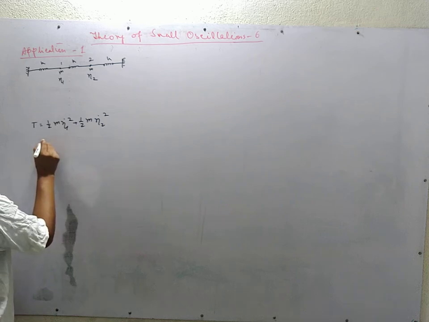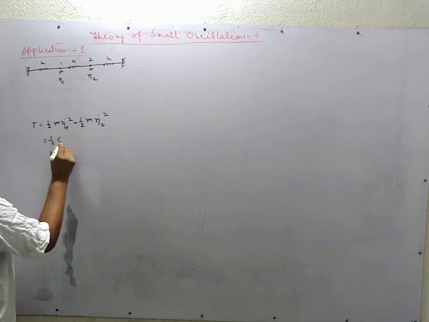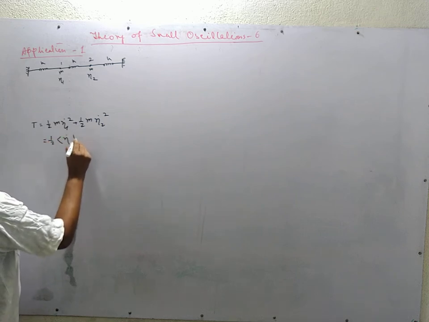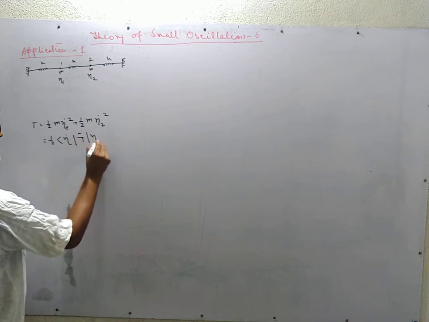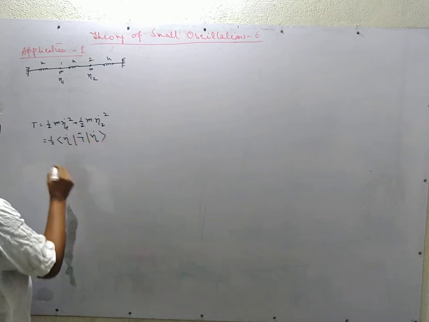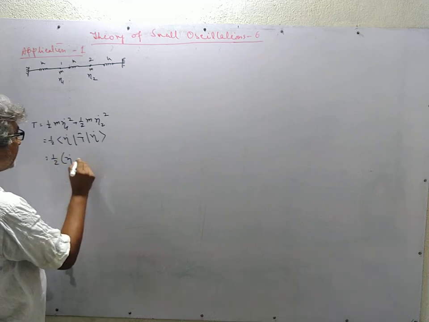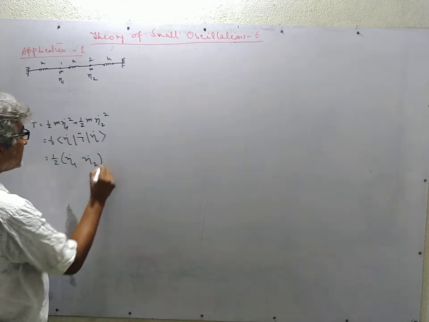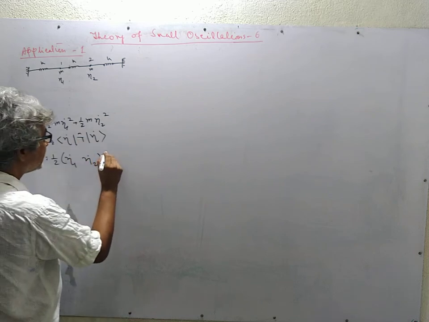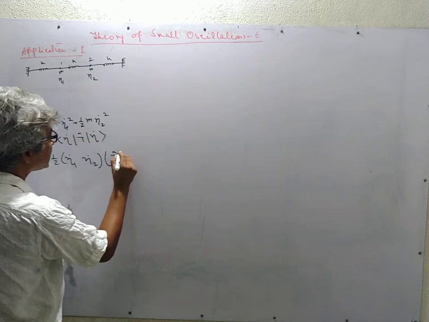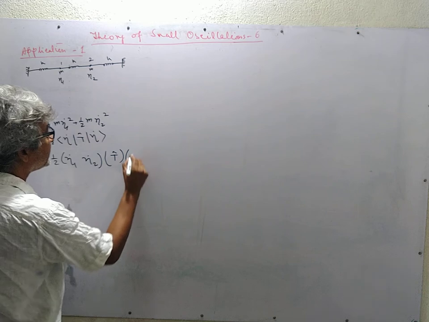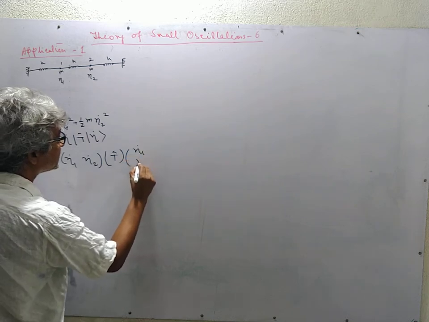This kinetic energy can be written as eta dot T operator eta dot. When we write it explicitly, it reads as eta 1 dot, eta 2 dot, which is the row matrix, then the T matrix, and then the column matrix.